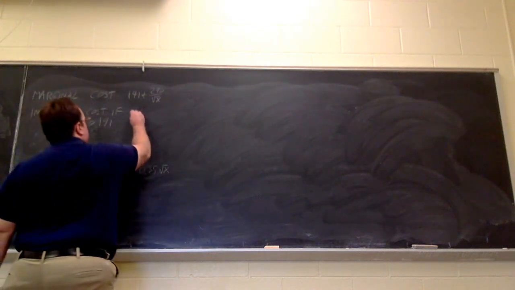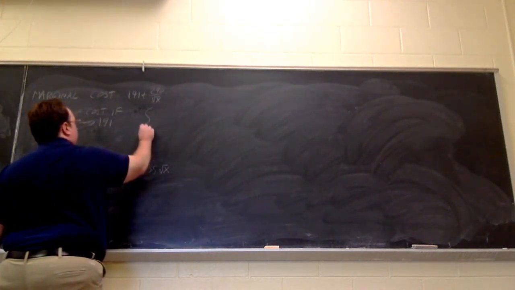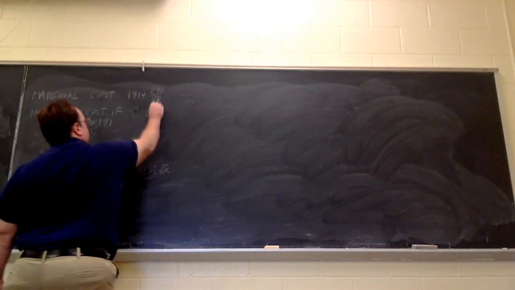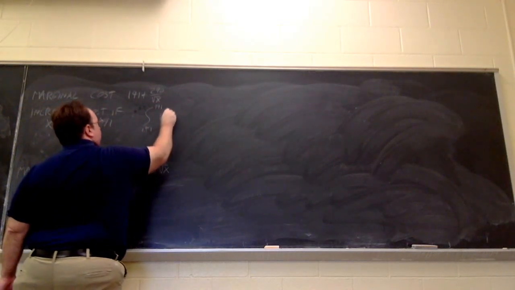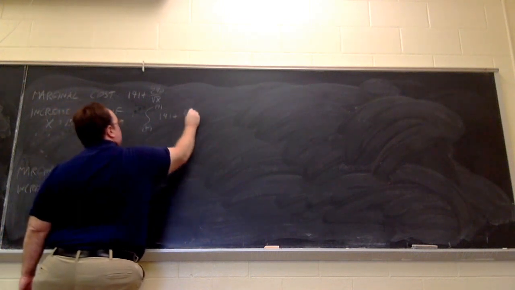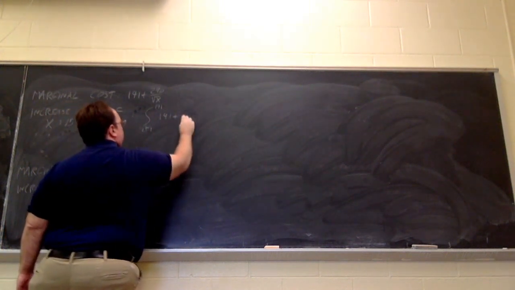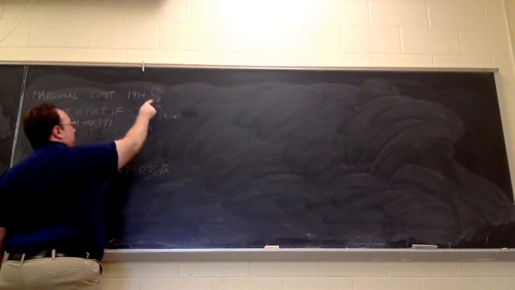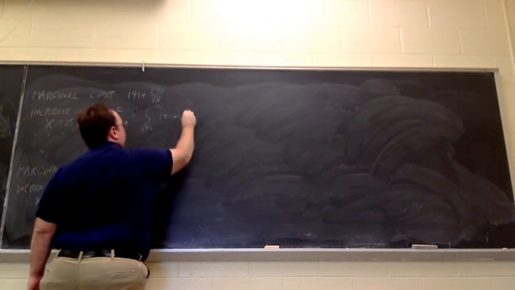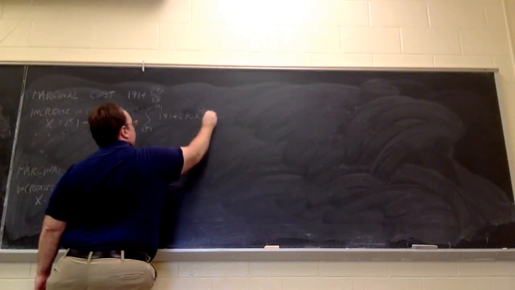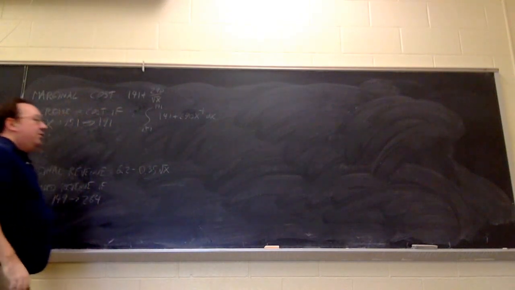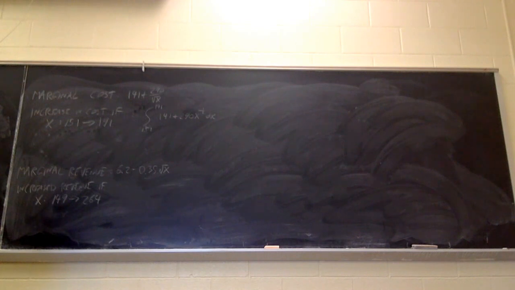That's going to be the definite integral with limits 151 as the lower limit and 191 as the upper limit of your marginal cost function. 141 plus 290 over the square root of x, but I'm going to write it as 290 x to the minus 1/2. That way it fits the integration rule that we're going to use here, the power rule.